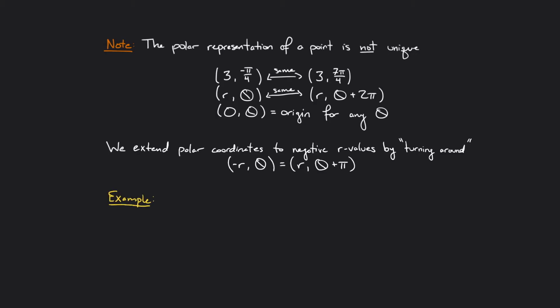For example, consider the point (negative 3, pi over 4). Our directions tell us to turn counterclockwise pi over 4 radians. So we're facing this direction. But since r is negative, we turn around pi radians and walk out 3 units.